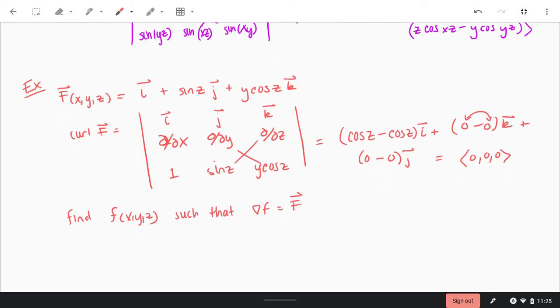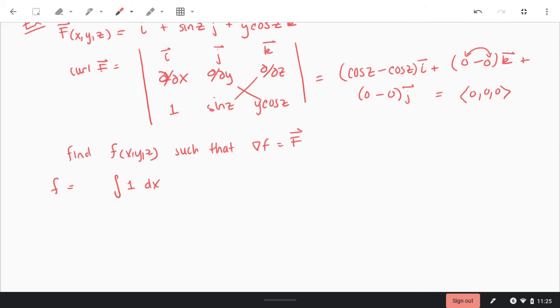So f should equal the integral of 1 dx. It should also equal the integral of sine z dy, and the integral of y cosine z dz.